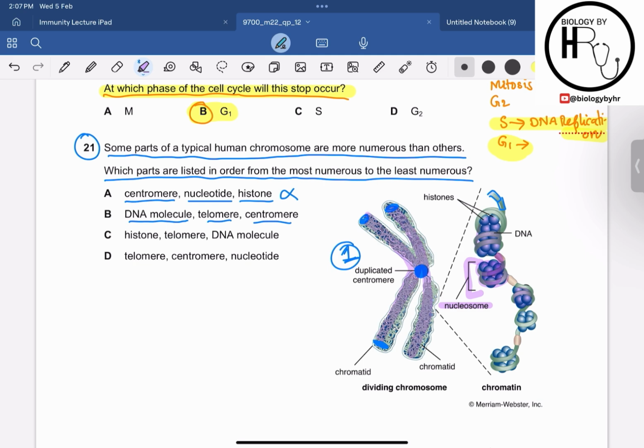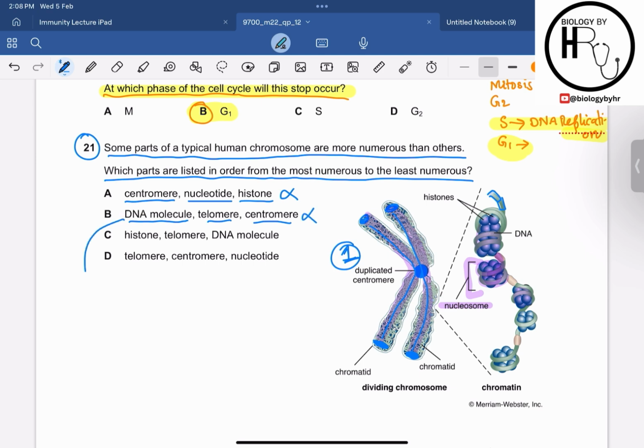So we have four telomeres over here. And if I talk about the DNA molecule, each sister chromatid is made up of one DNA molecule. So this statement is also incorrect. Option B is also incorrect.